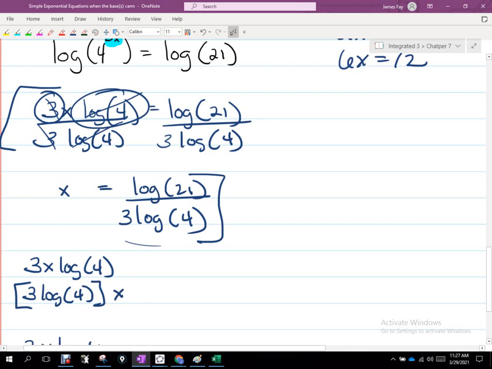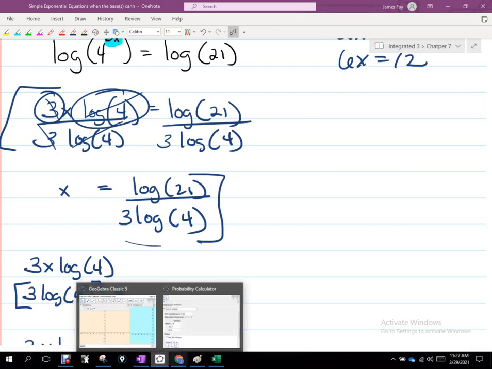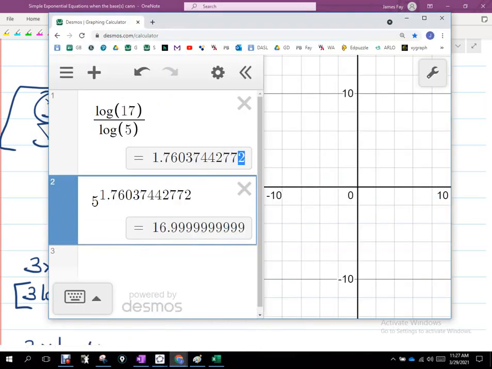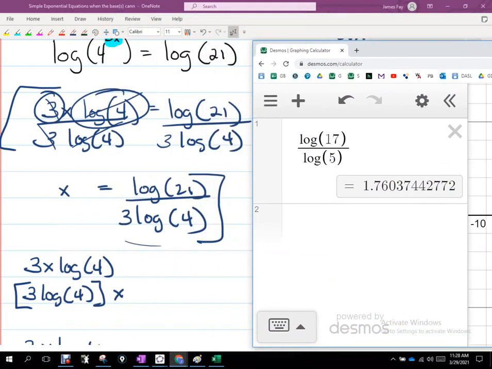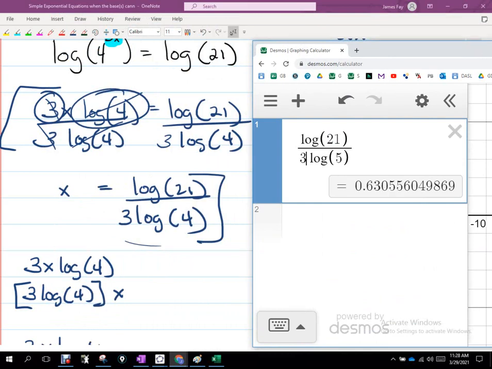So now when we divide that out on Desmos, okay, so we got log 21 up top. I got 3 log 4 on the bottom.